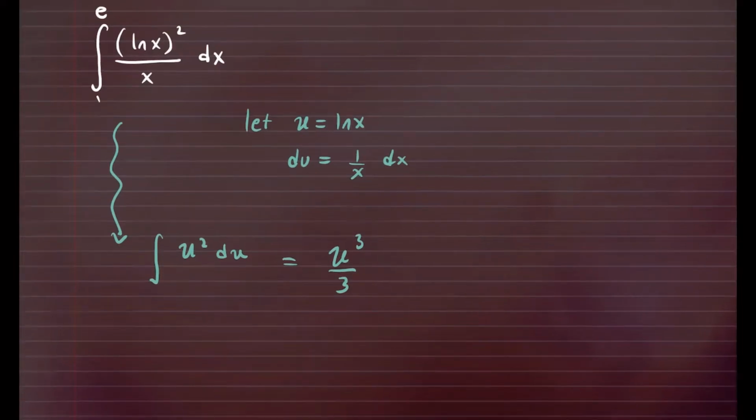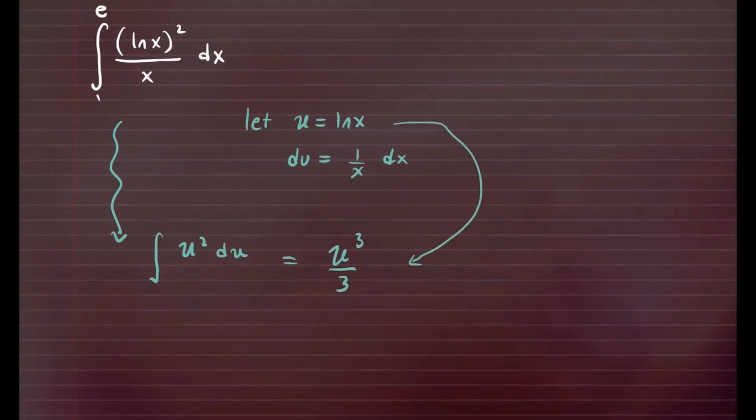So now replace back what u is. This is ln of x to the third power over 3. And now I can take it from 1 to e. So that's how you treat a definite integral like an indefinite integral, and then at the end, you take the upper limit and the lower limit.